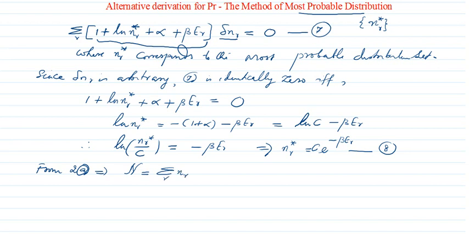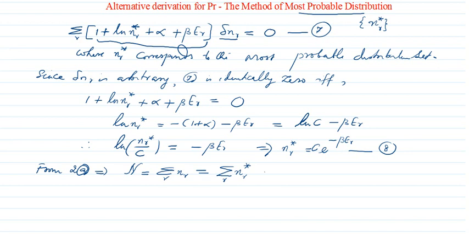Now in the case of the most probable distribution, I can write nr as nr star. Remember, nr star is a very special value of nr. So the sum over all r of nr star. That happens when the distribution set is the most probable distribution, so nr is replaced by nr star when it is ensured that the distribution is the most probable one.